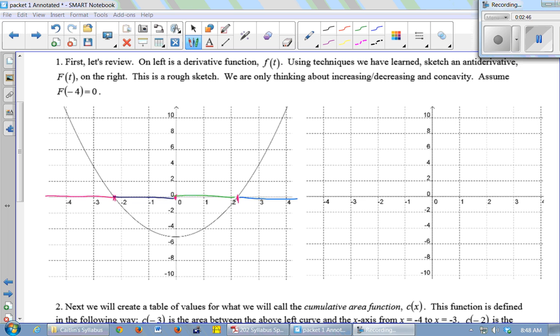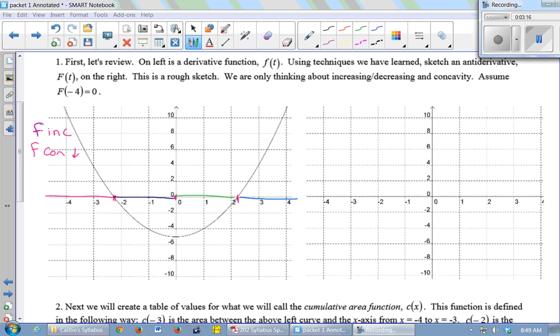When the derivative is positive, that tells me that f is increasing. And the derivative is decreasing, which tells me that f is concave down. So you look at the sign to tell you increasing and decreasing, and at increasing and decreasing of the derivative to tell you the concavity.